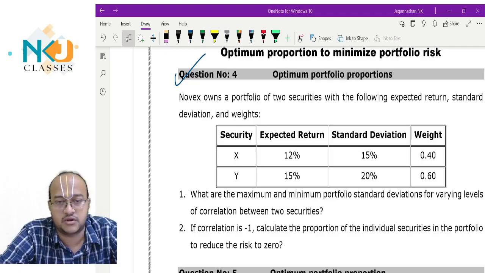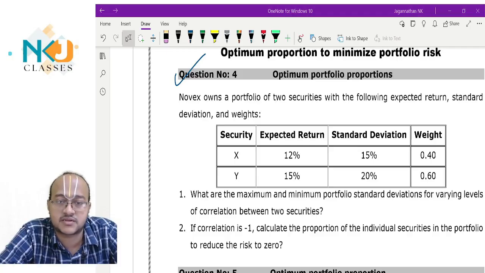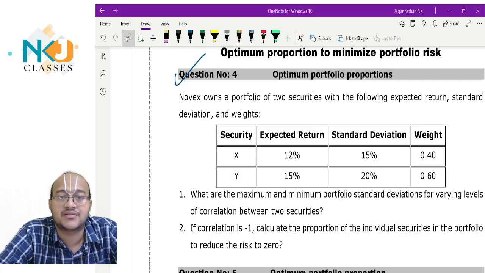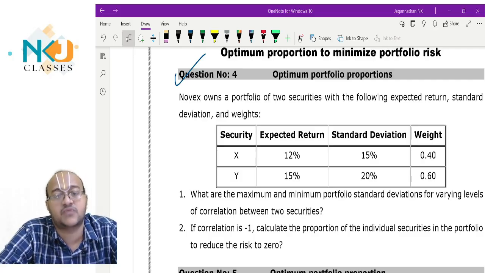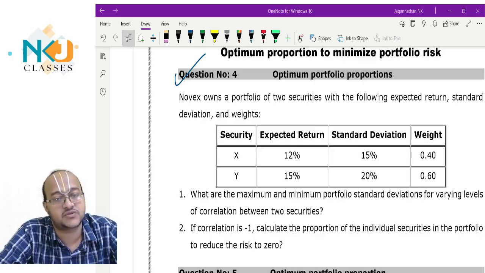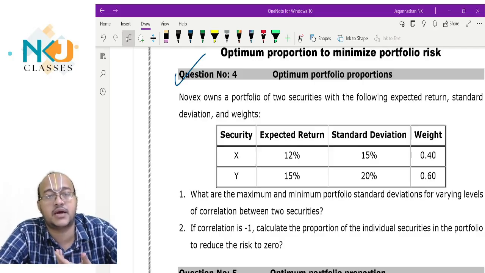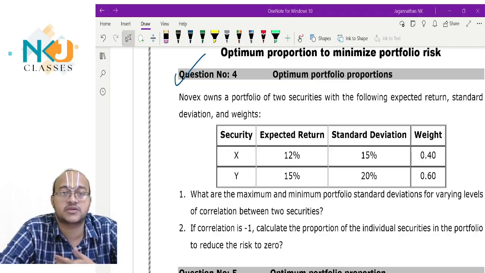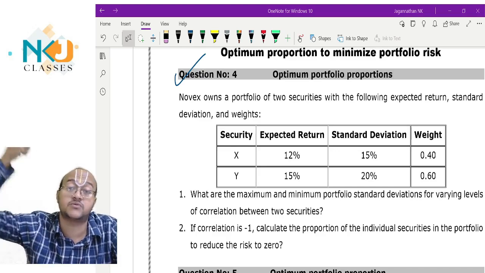portfolio deviation. Are you understanding? Standard deviation means risk. So at what point does maximum risk happen? When correlation is +1, only then does maximum risk happen. The portfolio risk will be maximum.